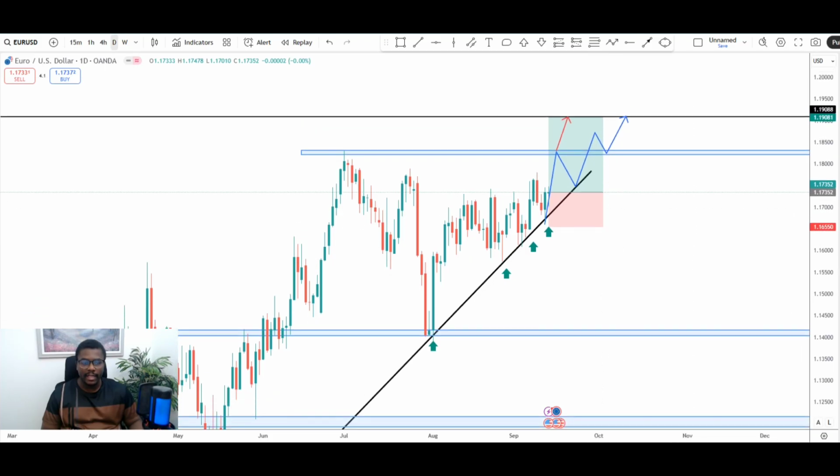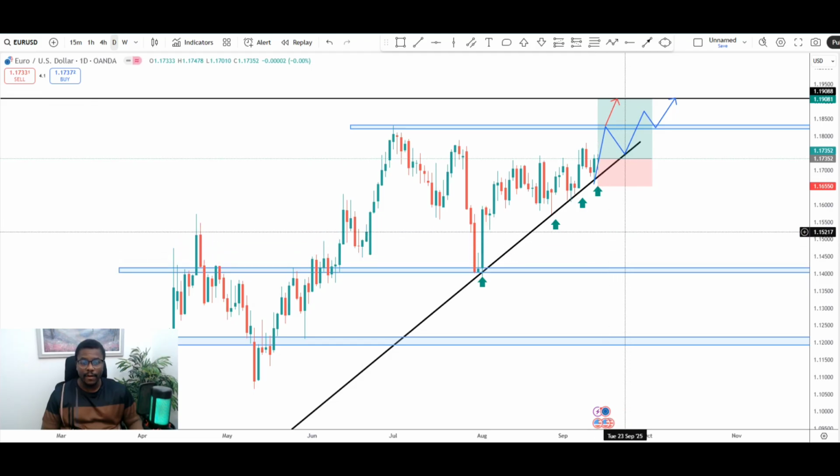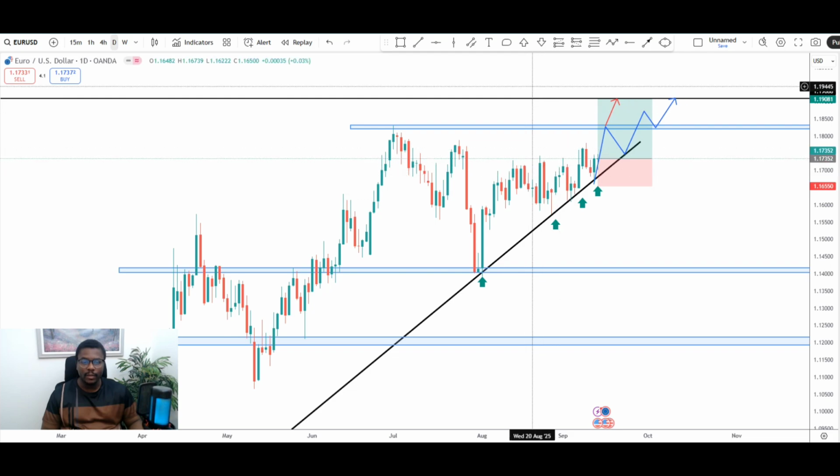My bias is bullish, based on the fact that we are currently in a bullish trend on the weekly and daily time frame. On the 4-hour time frame, we were ranging a bit, but even in this range we can see that price has formed consistently higher lows, sorry.